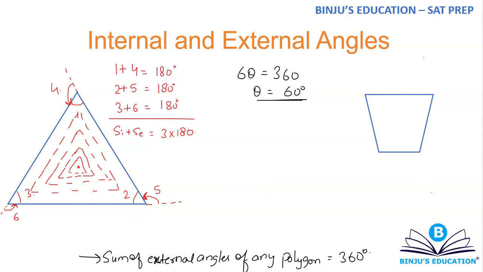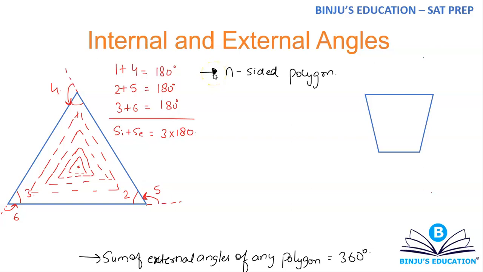All right, anyways, let's move on to the internal part now. In order to evaluate the formula for internal angles of a polygon, I'm going to consider an n-sided polygon.